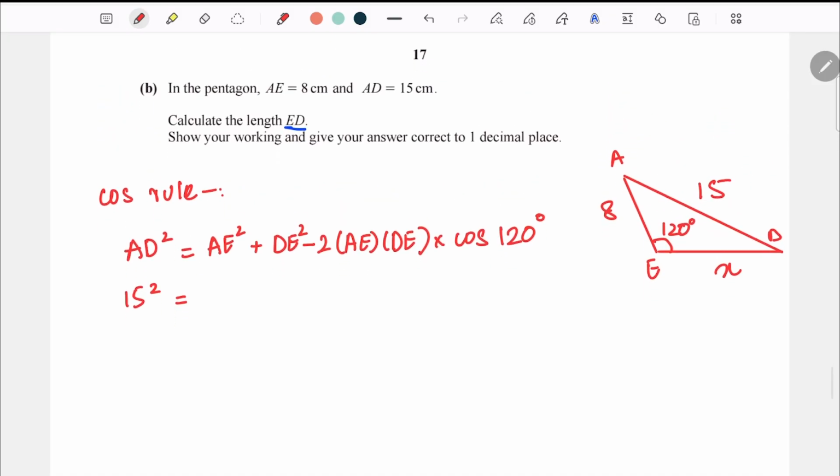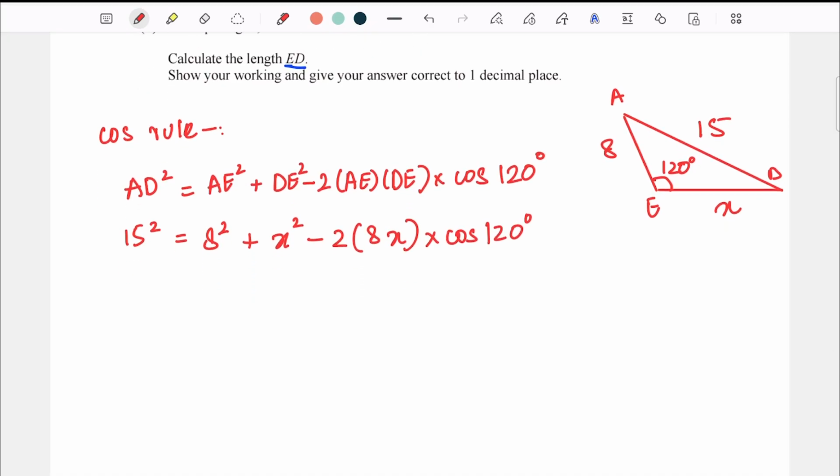AE is given 8 and DE was basically X. So 15 squared is equal to 8 squared plus X squared minus 2 into 8, which is minus 16x, into cos 120 degrees.